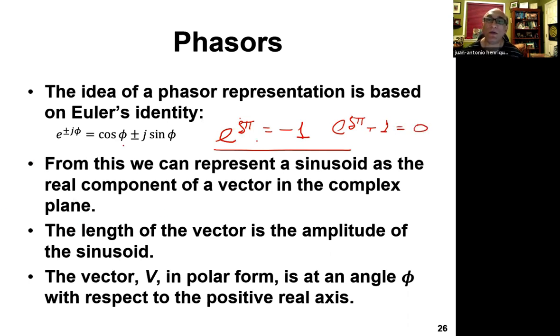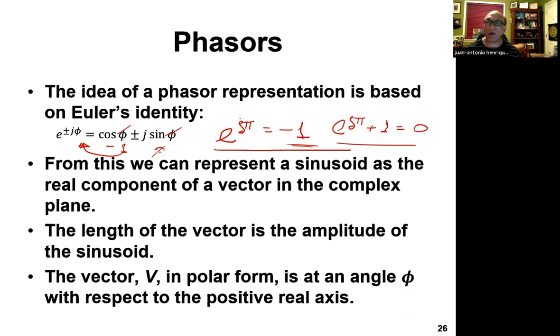Because all you have to do is, if you take pi as phi, the angle here, so if we substitute e to the j pi, then cosine pi is -1 and sine pi is 0, and that's how you get this, right? If you bring the -1 over to this side, it becomes 0. So you may have already seen that before. That's one of the popular ways of looking at Euler's expression.